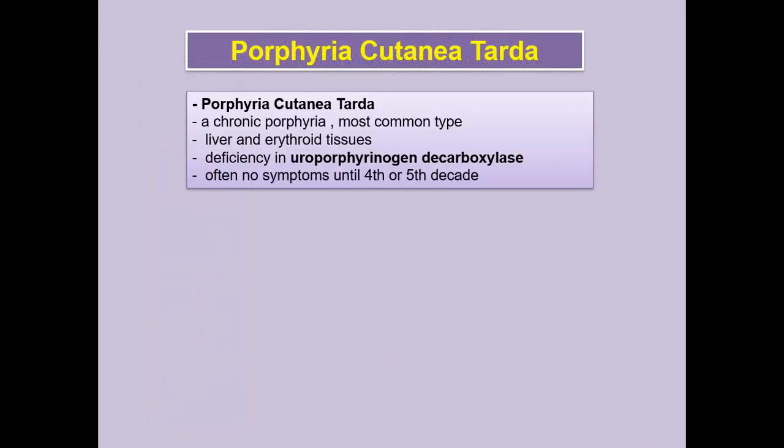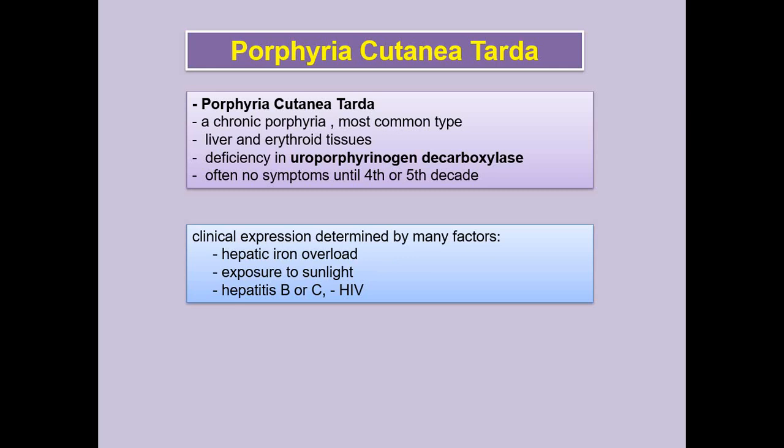Porphyria cutanea tarda is a chronic porphyria and is the most common type. Liver and erythroid tissues are affected, and there is deficiency of uroporphyrinogen decarboxylase. Often, no symptoms occur until the fourth or fifth decade of life. Clinical expression is determined by many factors.